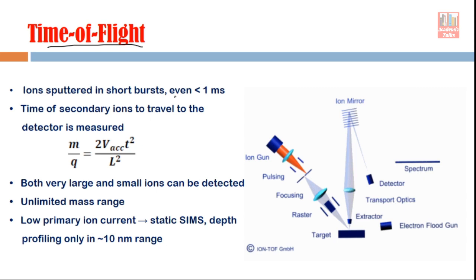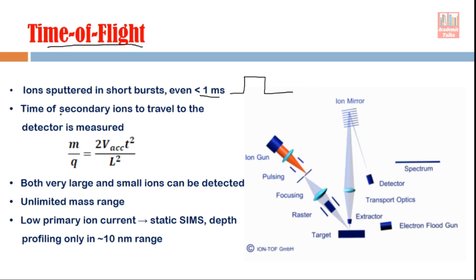in short bursts. Short burst means for a small duration. If this is a time pulse, only for a small duration, that duration may be 1 second or less, this primary ion beam is supplying the ions. And since the primary ion beam is active only for a small duration, we will get the secondary ion beam also for that particular duration only.